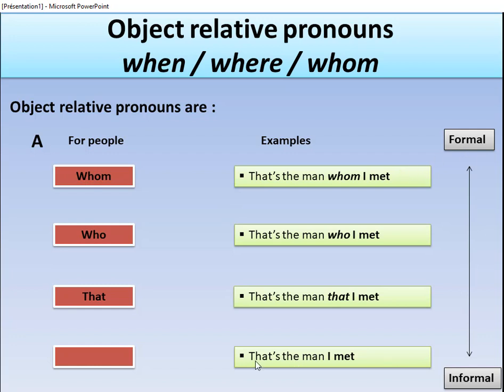If you say, for example, that's the man I met, it's like you're talking to your friend or your brother or your sister. But when you're talking to someone who's higher in position, or you have a distance relationship, you may use whom or who.